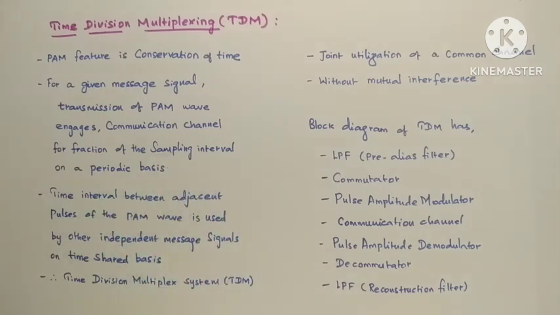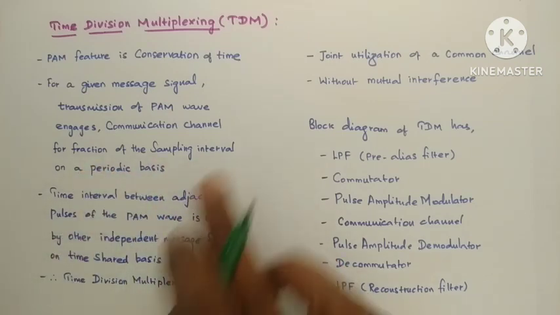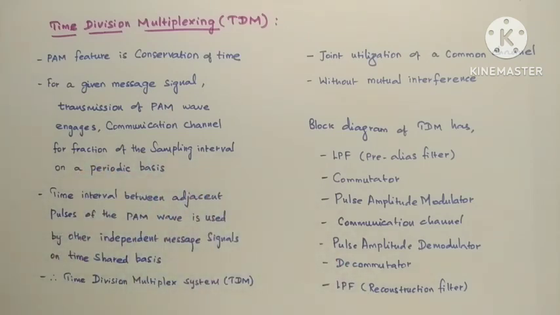So your given message signal is converted into a PAM waveform having several pulses, and they engage the communication channel only for a fraction of the sampling interval. You are all familiar with the concept of sampling. If not, you just revise the topic.